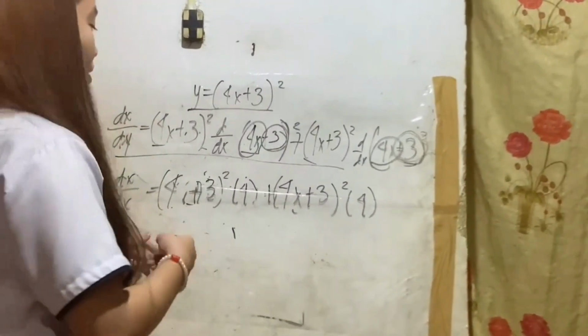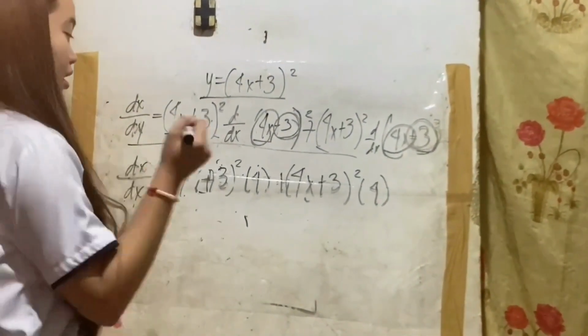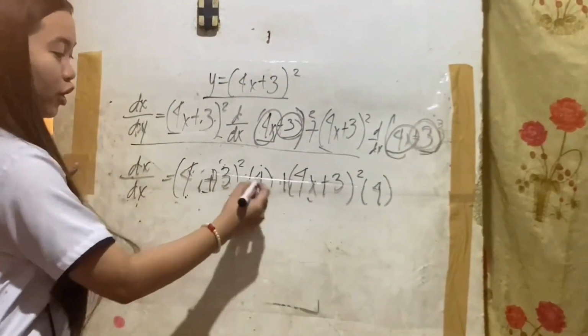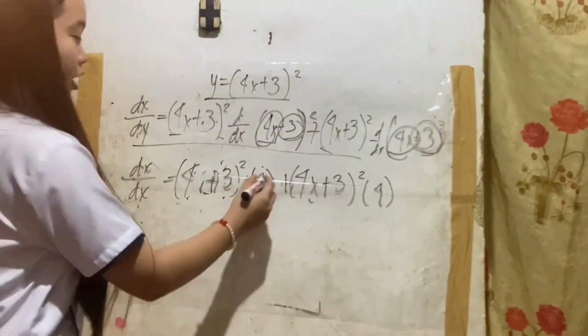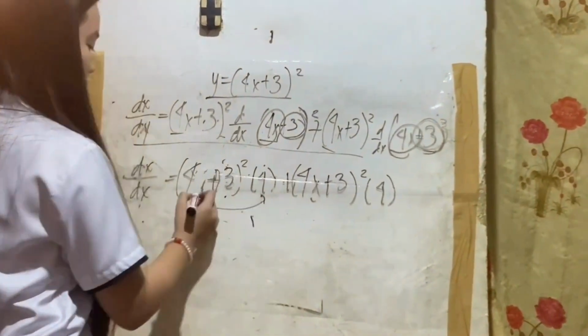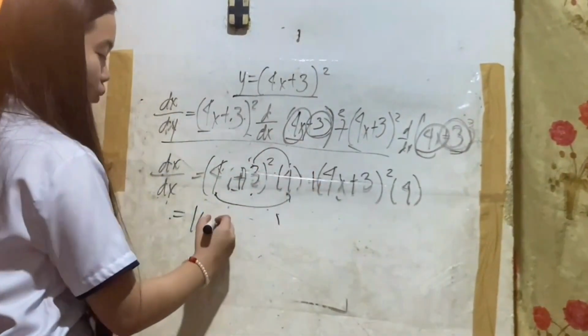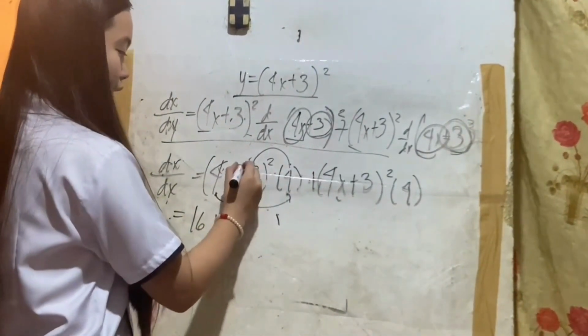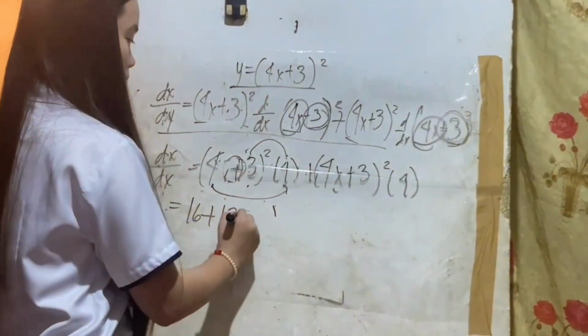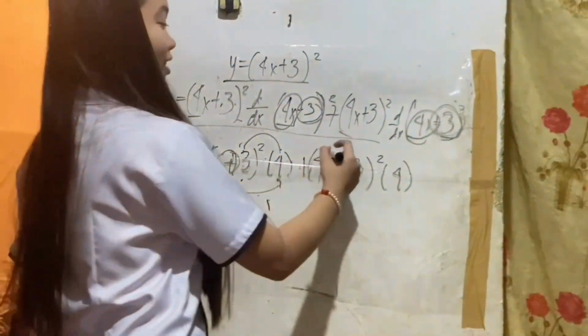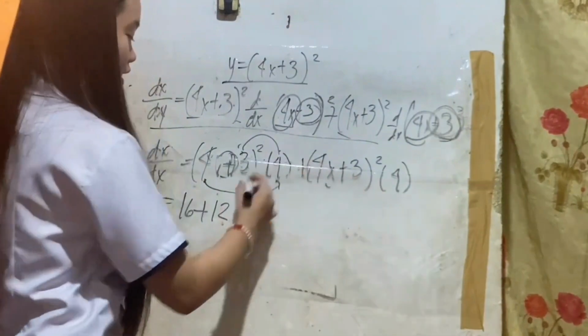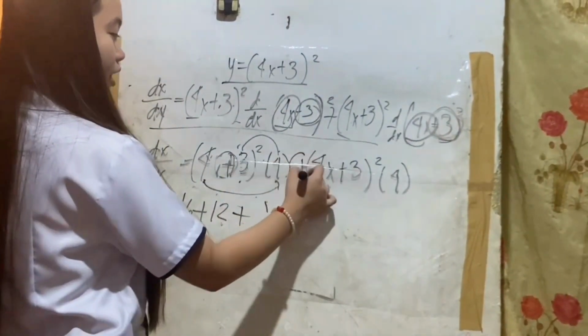So the next step, we will multiply 4 times 4 and 3 times 4. 4 times 4 is 16, and 3 times 4 is 12. So we will copy the sign, which is plus 12. Then we will do the same process for this one, which is plus. We will copy the sign again.